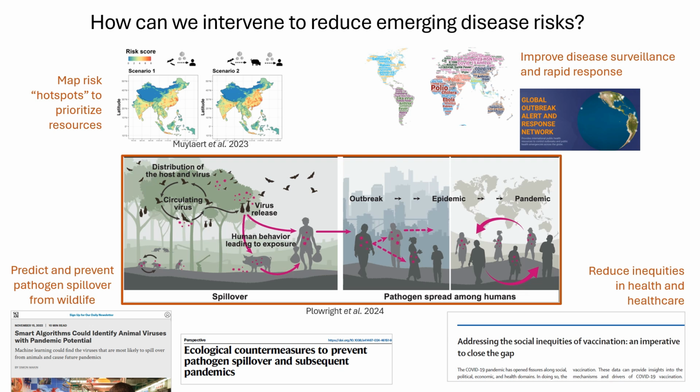And then on the social side, we can also think about how we can reduce the impacts of disease once it has emerged into human populations, right? So a lot of this is about reducing inequities in health and access to healthcare. For example, that might involve tackling the institutions that gave rise to such extreme vaccine inequity during the pandemic, or that continue to drive such extreme inequalities in access to high quality and affordable healthcare.